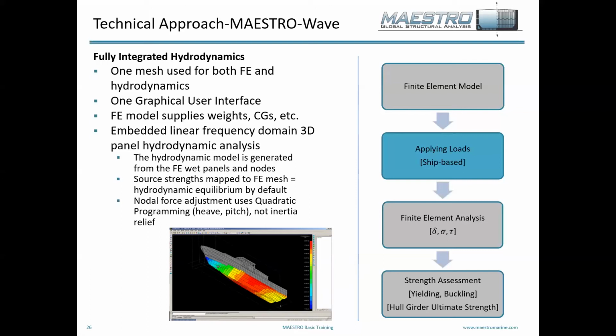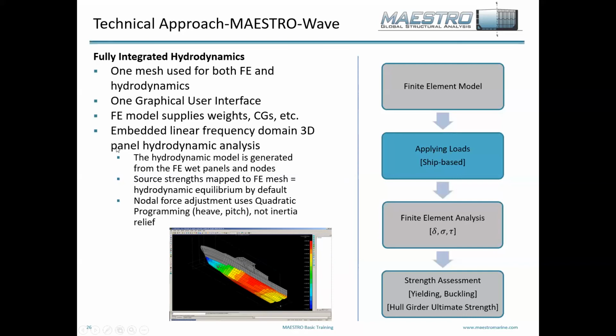But because you're still using the original FE mesh, it still eliminates many of the interpolation errors when you're trying to use two different meshes for your hydro and your structural analysis. Also, since you're operating on the FE mesh, Maestro Wave can extract additional information from the FE model, such as the weight, center of gravity, gyradius, and so forth.